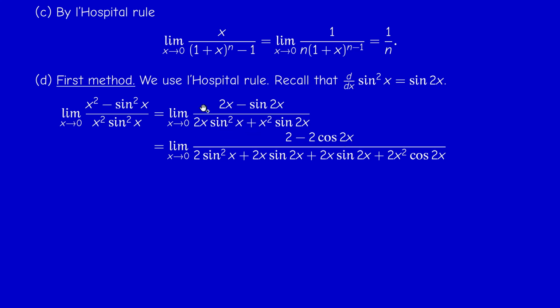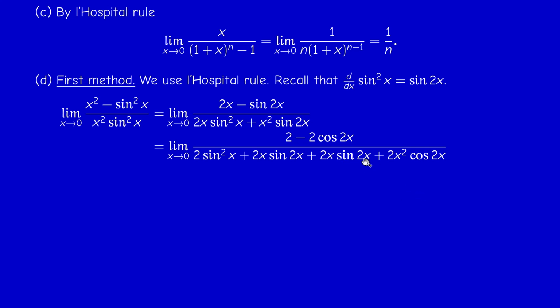And here I apply the product rule, so the derivative of x is 1, so 2 sine squared, plus 2x times the derivative of sine squared, which is sine 2x. Now this term, the derivative of x squared is 2x, and so on.